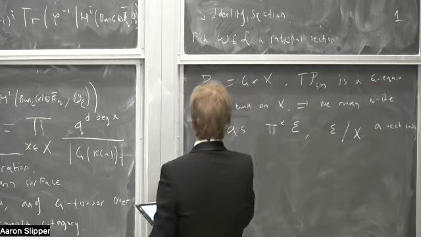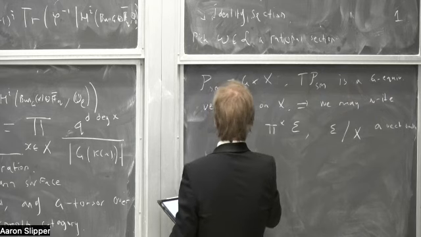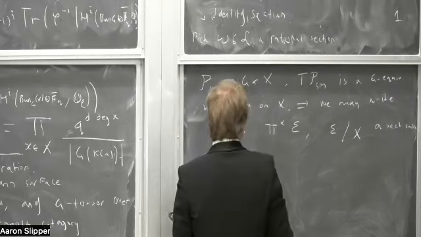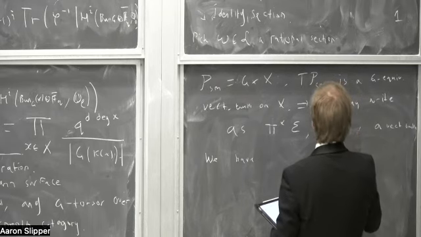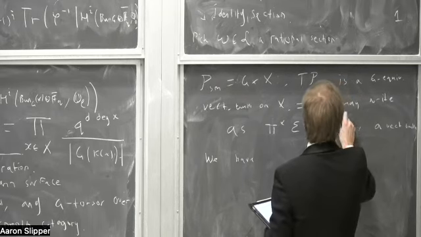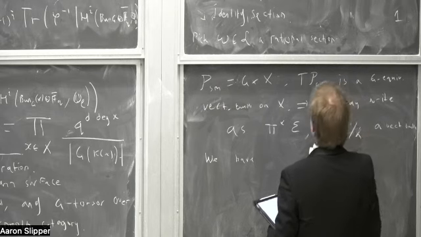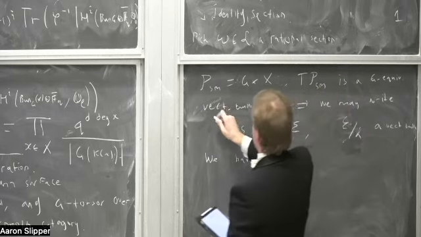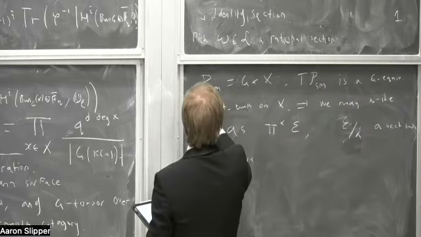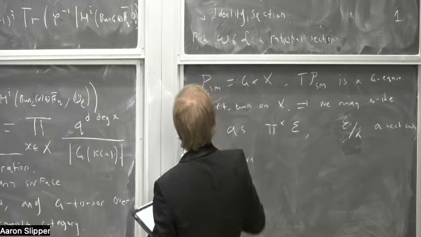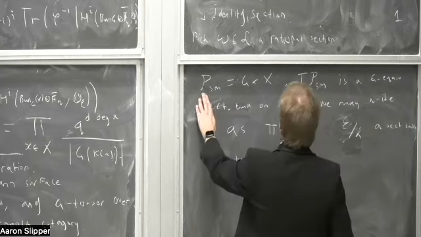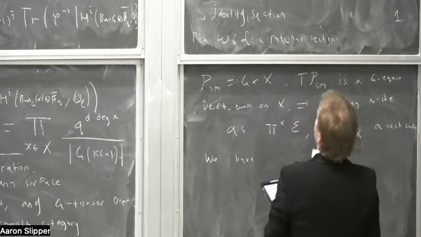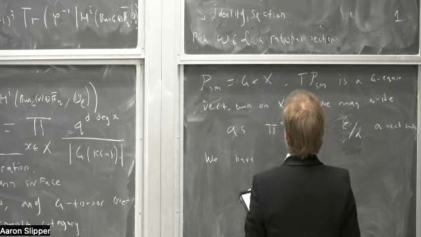So we have E over X as a vector bundle, but pi, we want P smooth mapping via pi to X. That's the structure map of P smooth, I should say. Where did I declare my P smooth, G times X?